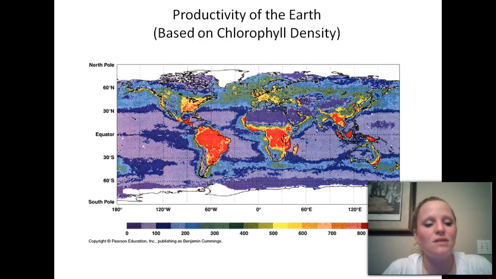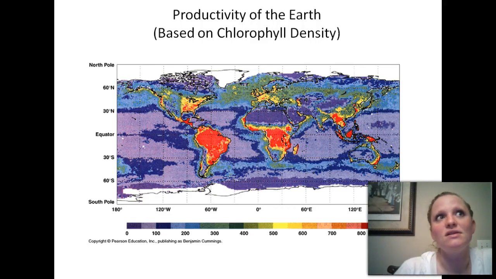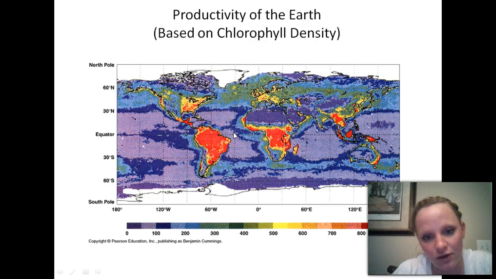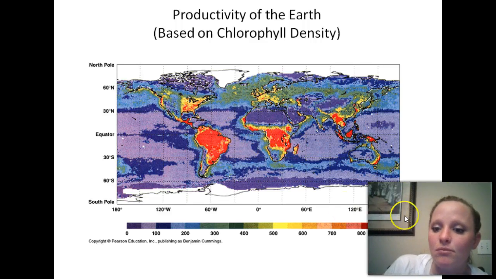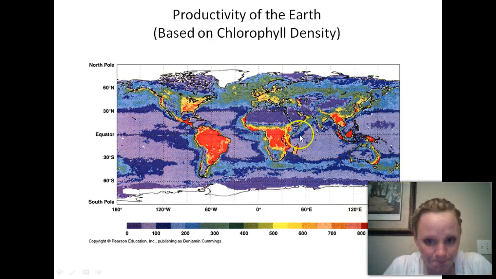We talked last lecture that was online, I believe it was Monday night, about how the number of animal and plant species change as we move from the equator to either north or south in both directions, and you can see that the most productive areas are right there around the equator.